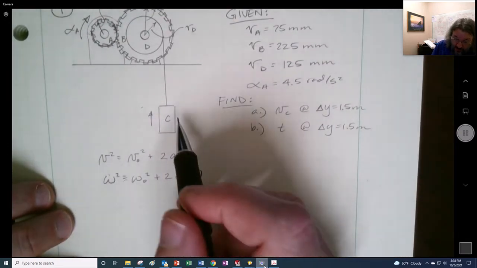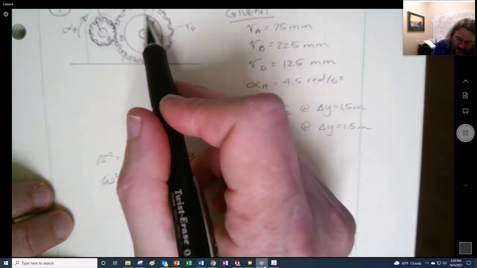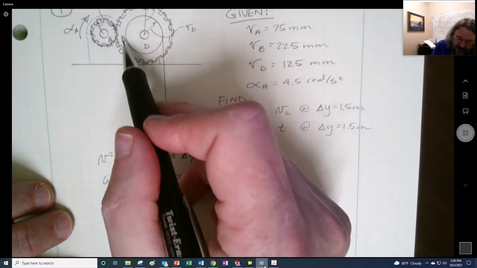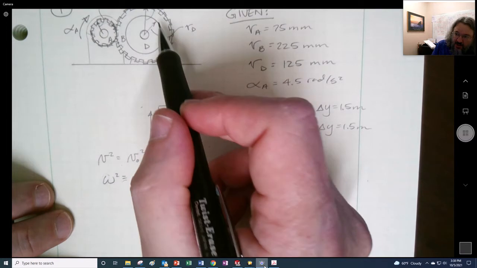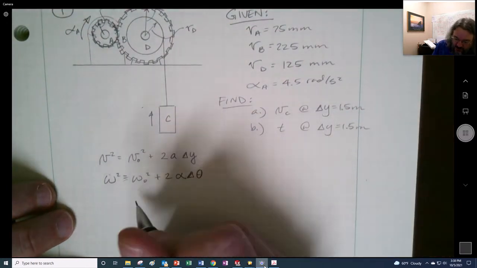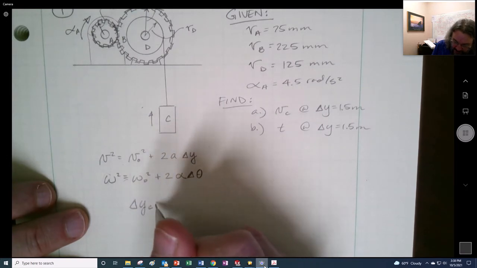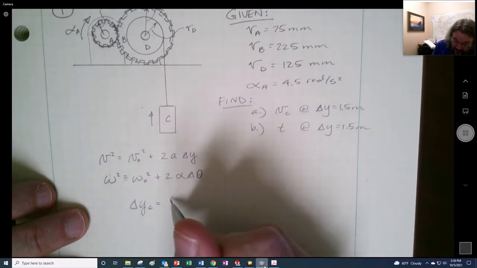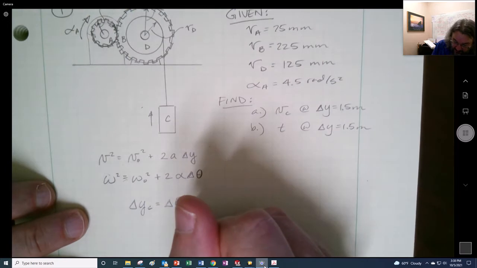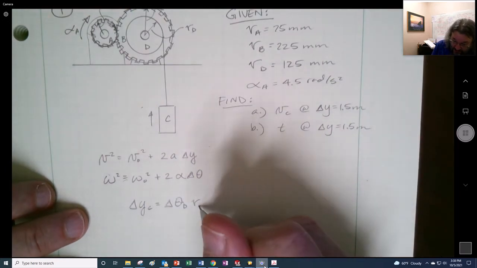Hopefully, all right. So I know how far this thing's moving. Now I'm going to figure out how many rotations this thing has to make in order for this thing to move up. So I will say that delta yC is going to be equal to delta theta D times rD.